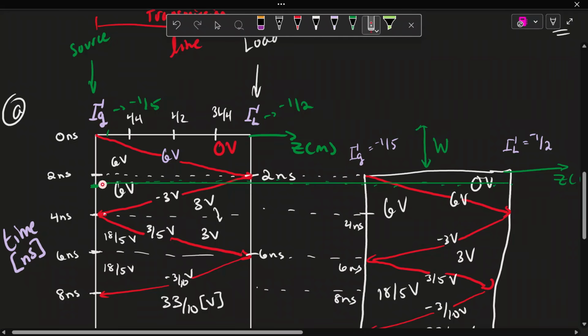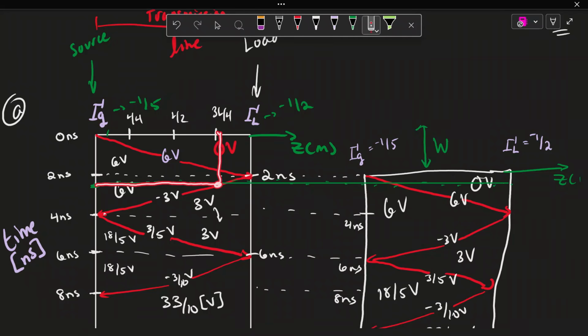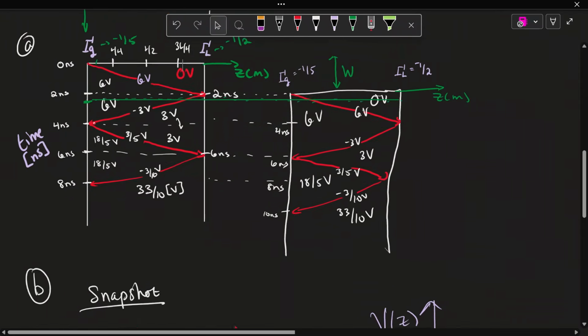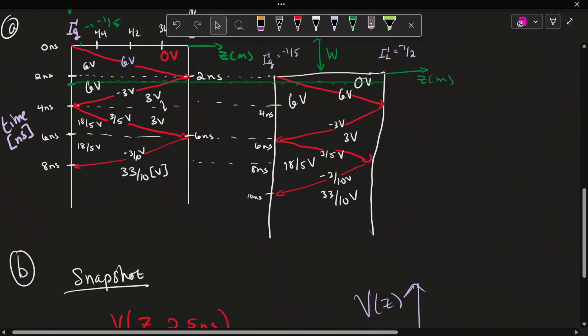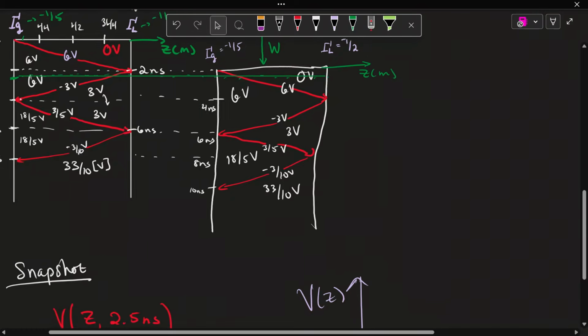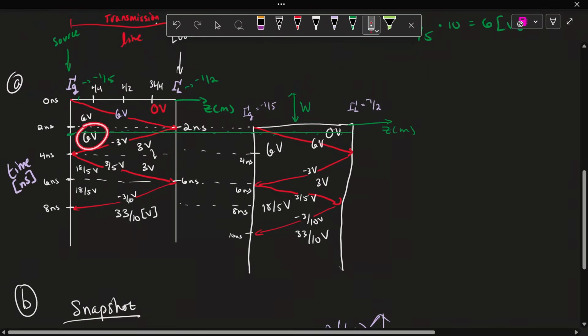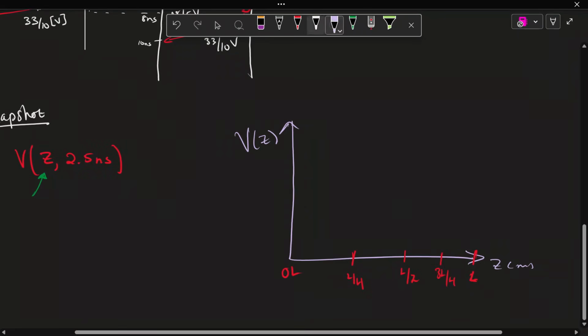So where does my green line cross our red line? Right around here. It's close to 3L over 4. We can just leave it as 3L over 4. So the voltage is at 6 volts until 3L over 4. So all we have to do is we can make any arbitrary point 6 volts, and we'll let that be up until 3L over 4 there, right?